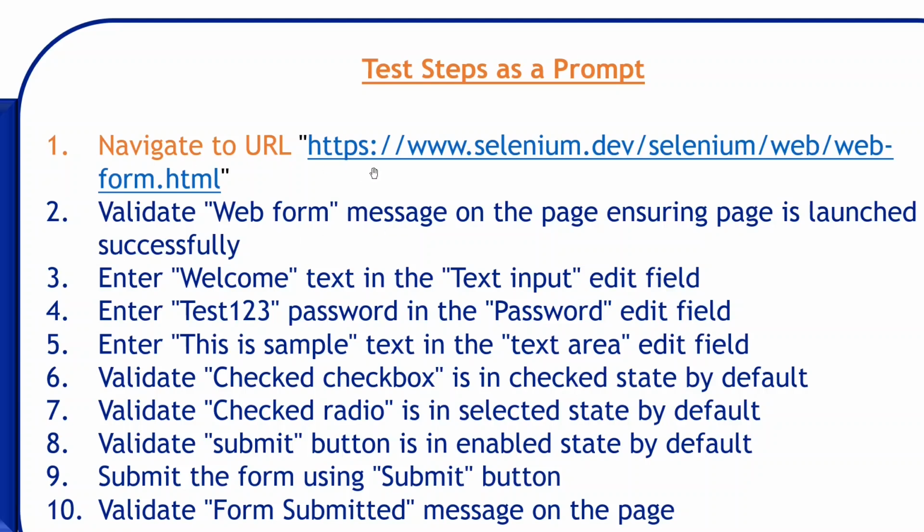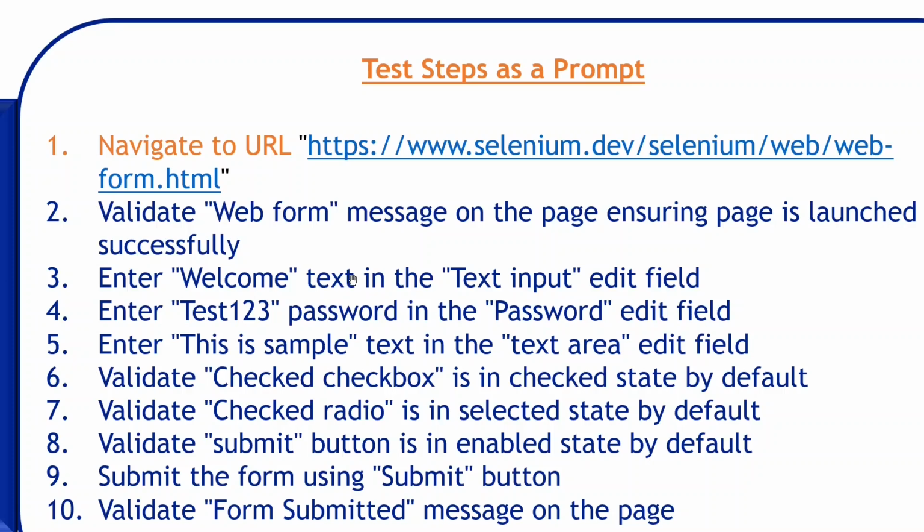It's a single page application, and these are the steps that I'm going to give as a single step prompt so that you can see what this particular agent is doing. These are the steps: validate the web form message on the page, ensuring the page is launched successfully.